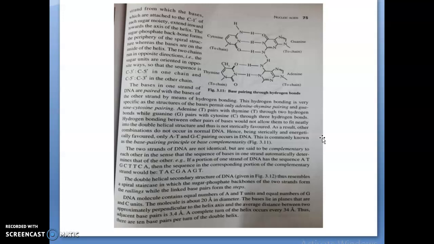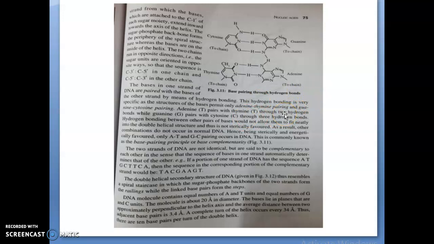The molecule is about 20 angstrom in diameter. The bases lie in planes approximately perpendicular to the helix axis. The average distance between two adjacent base pairs is 3.4 angstrom.